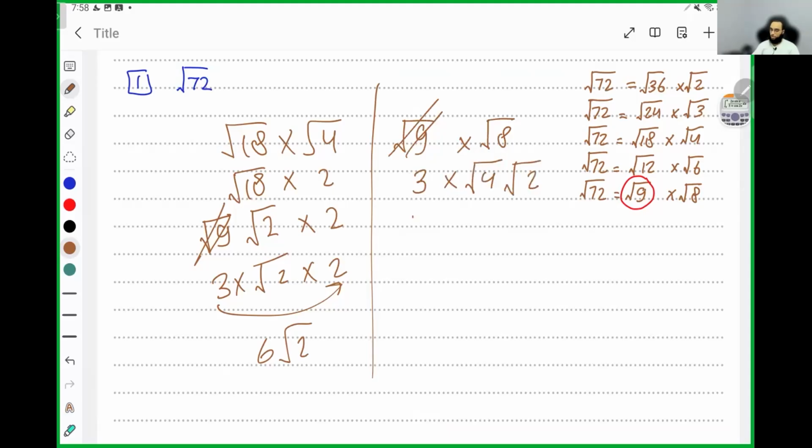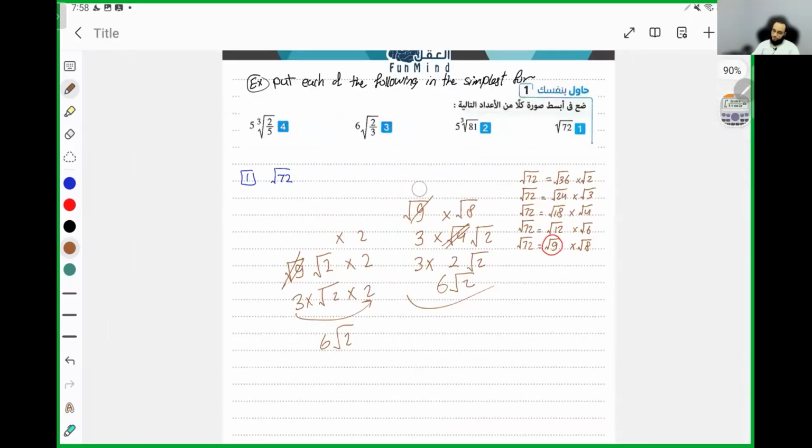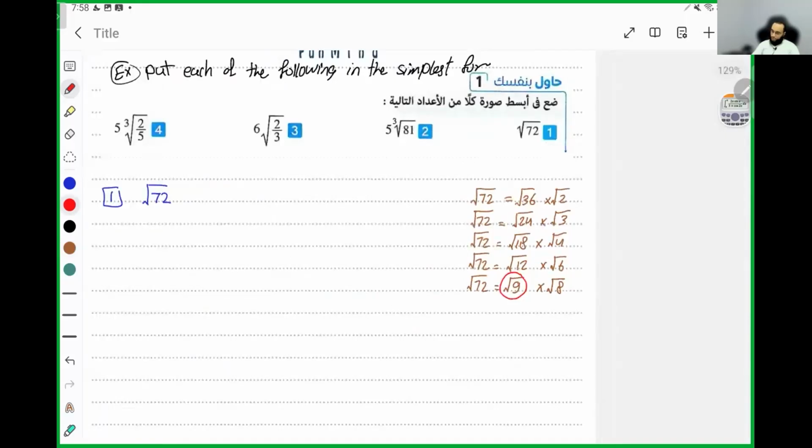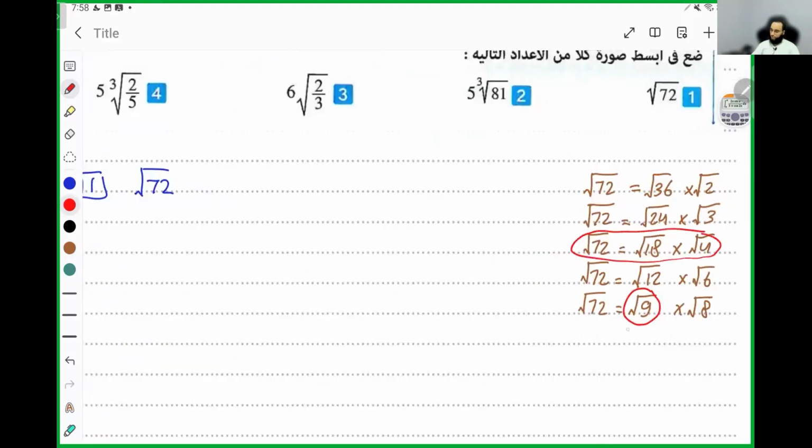Root 4 is 2, and the root 2, then it's 6 root 2. So both are correct. Root 18 times root 4 is correct. Root 9 times root 8 is correct. Also root 36 times root 2 is correct, because root 36 equals 6. All of them are right.